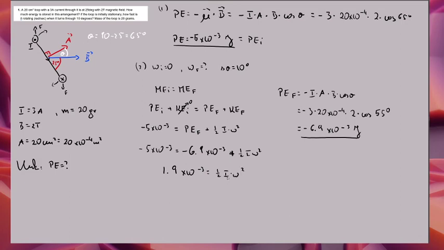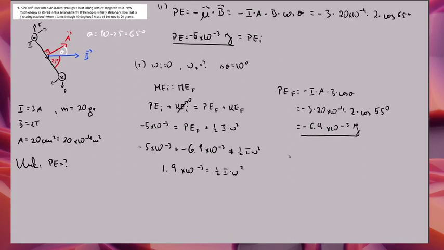All right, so now I'm almost done. I just have to now find an expression for the moment of inertia of this loop. All right, and at this point I'm realizing that you could do it.